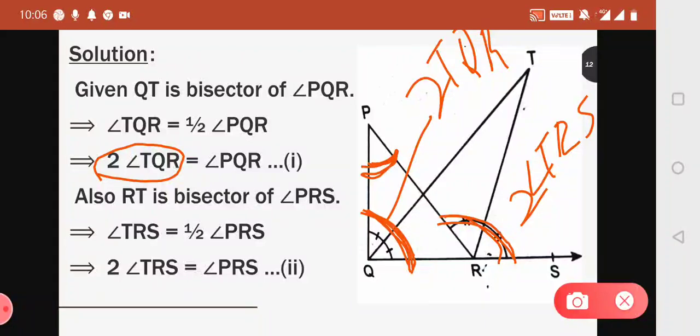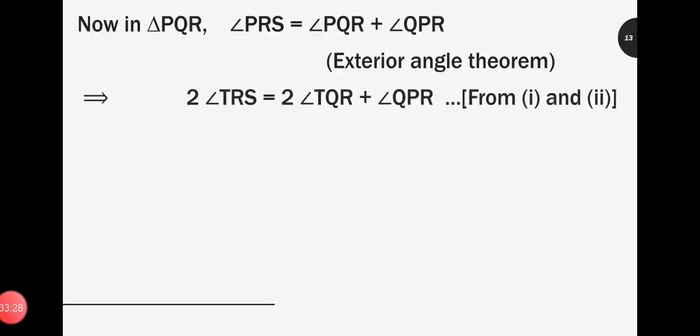So inserting these values, in place of angle PRS we write twice angle TRS. This is from number 2. And in place of angle PQR we will write twice angle TQR. This is from 1, plus angle QPR as it is.